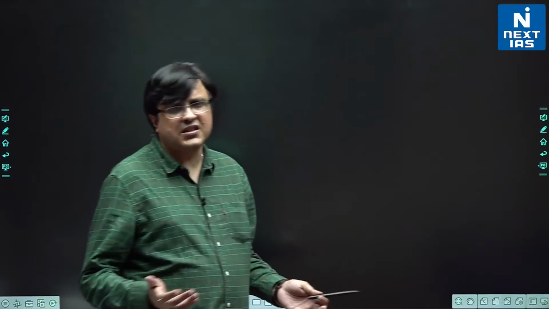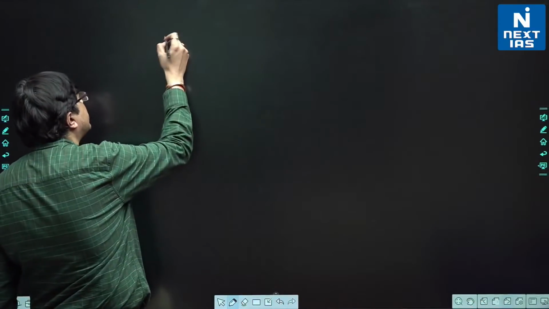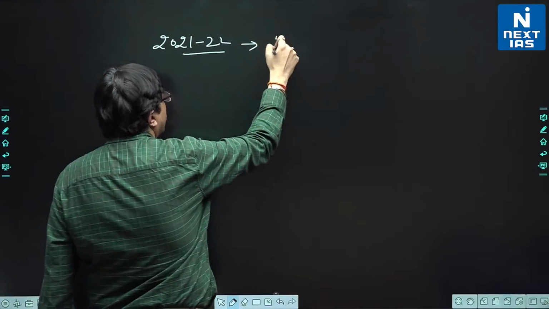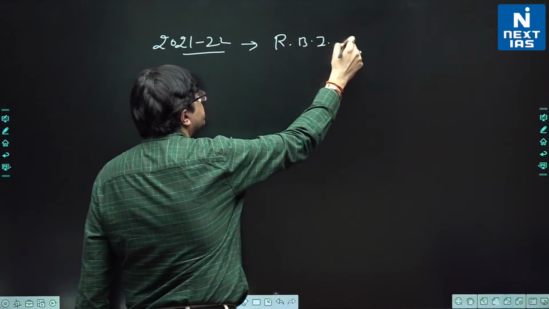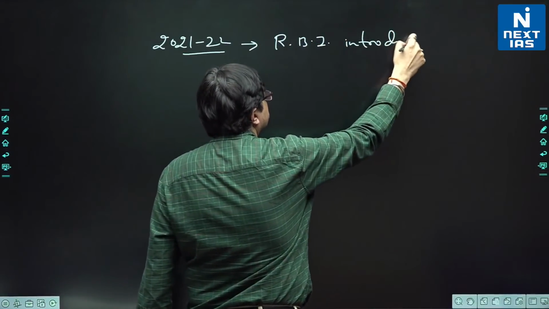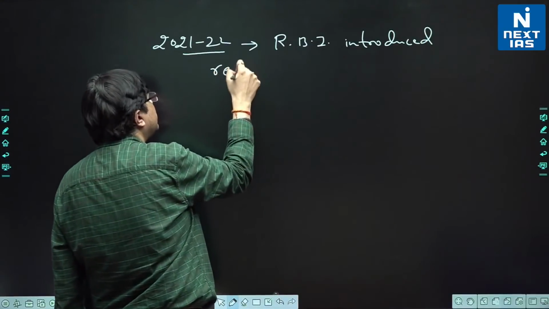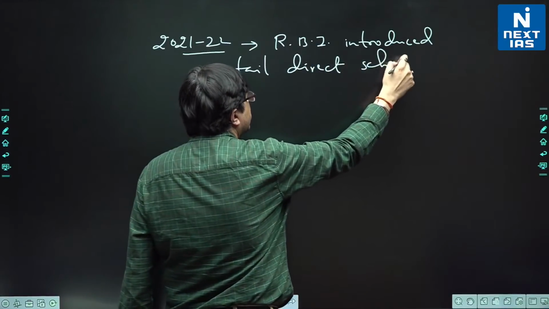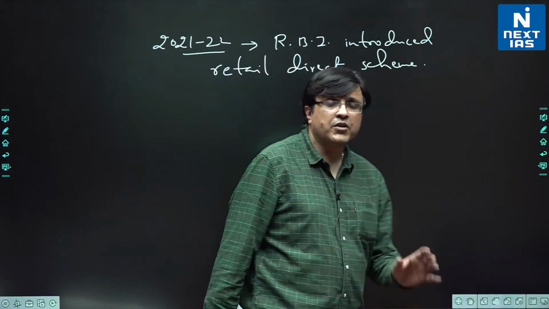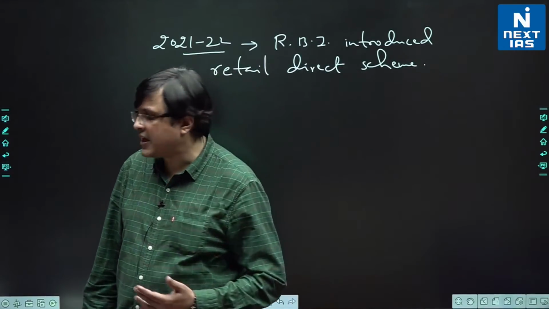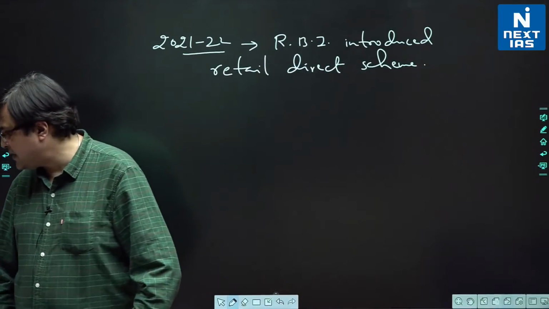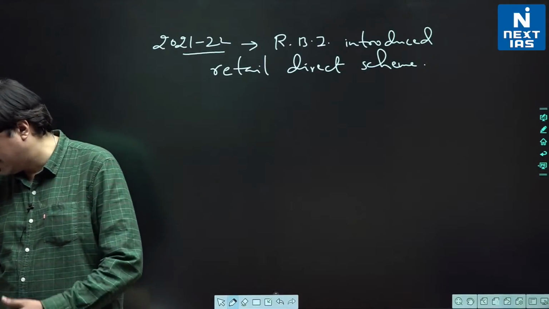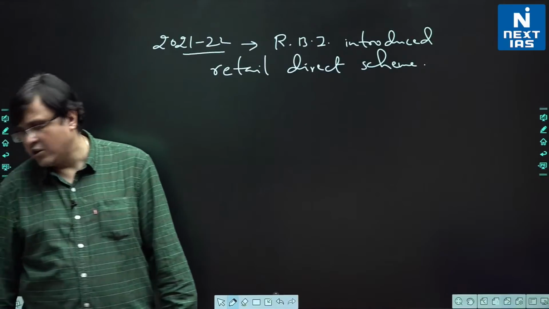This question has been exhausted in last year's prelims, but you can keep a few things in mind, that in 2021-22 RBI introduced the retail direct scheme, that now individuals can participate in the government bond market.